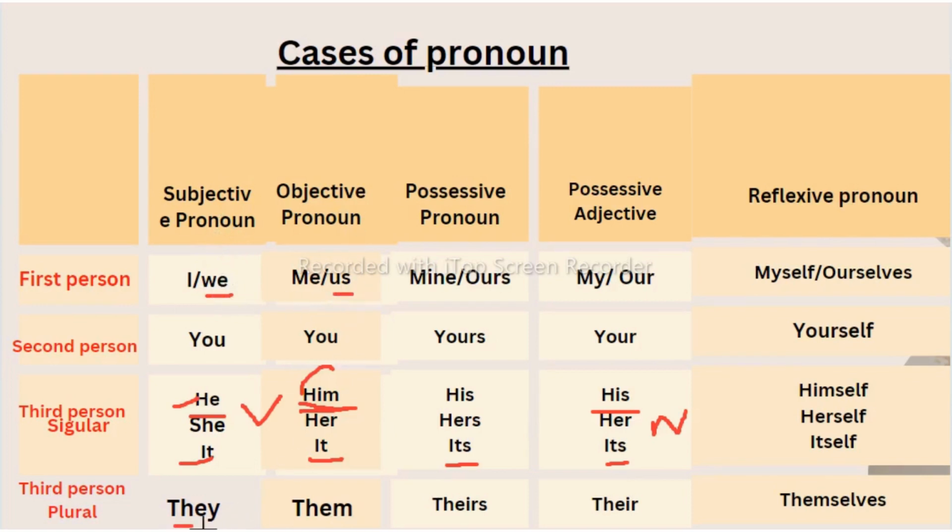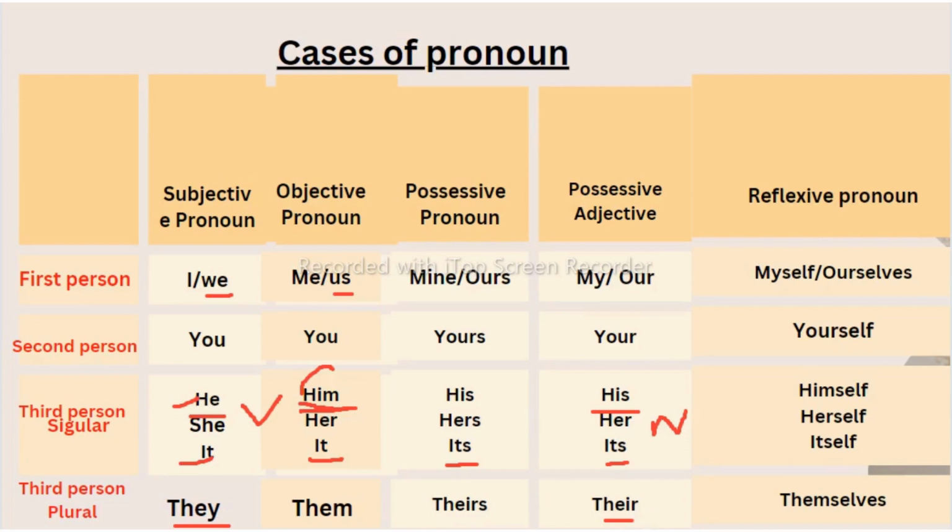So this they, which we use in the subjective pronoun, will become them in the object case, and this them becomes theirs in the possessive pronouns. Like we can say this college is theirs, this house is theirs. And in the possessive adjective, this is their college, this is their house.